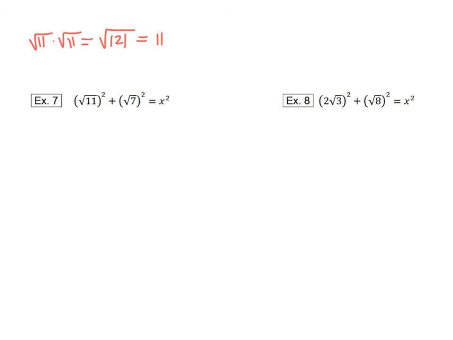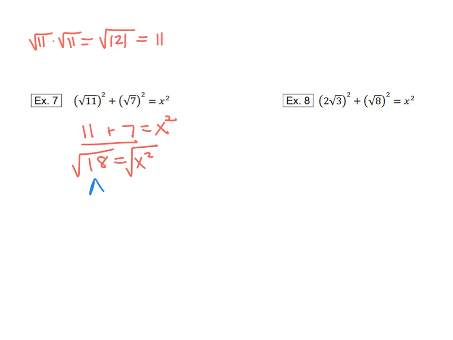So this just becomes an 11 plus. Now, if you take a square root of 7 and square it, you are going to get just a 7 equals x squared. We can go ahead and add those together. So we have 18 equals x squared. Now we're going to square root both sides because we got the x squared alone. Now the square root of 18 is not a perfect square, so we want to go ahead and reduce this.